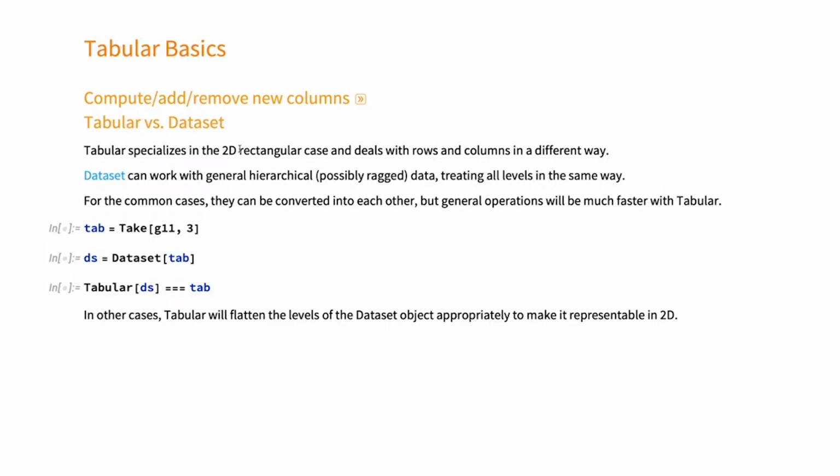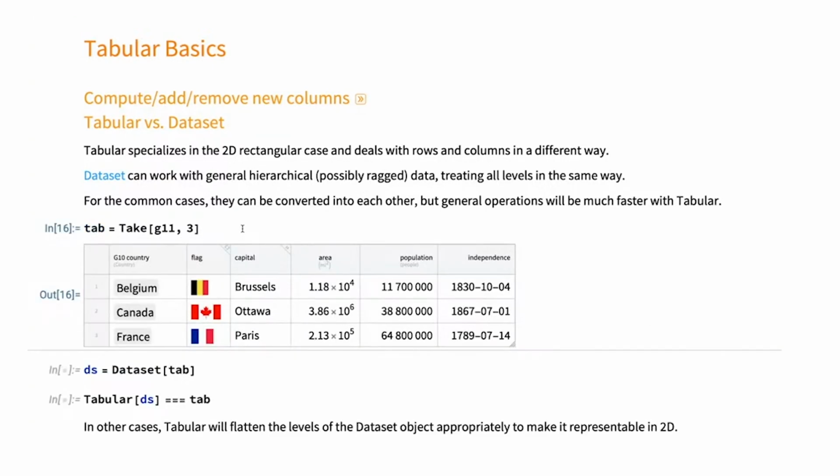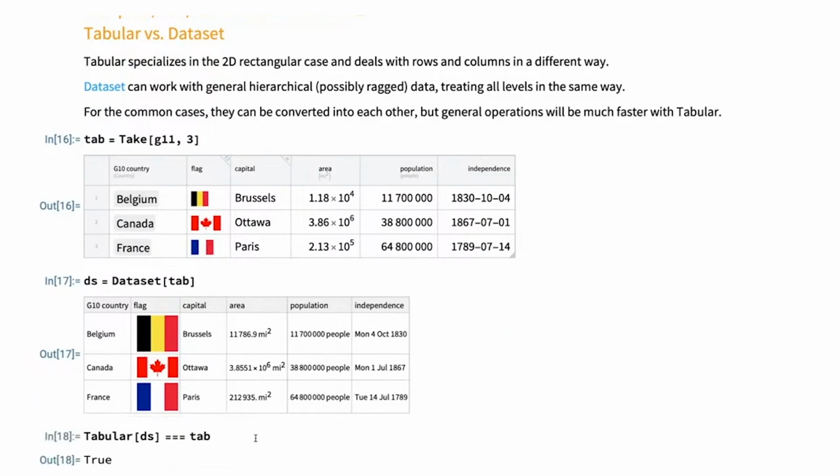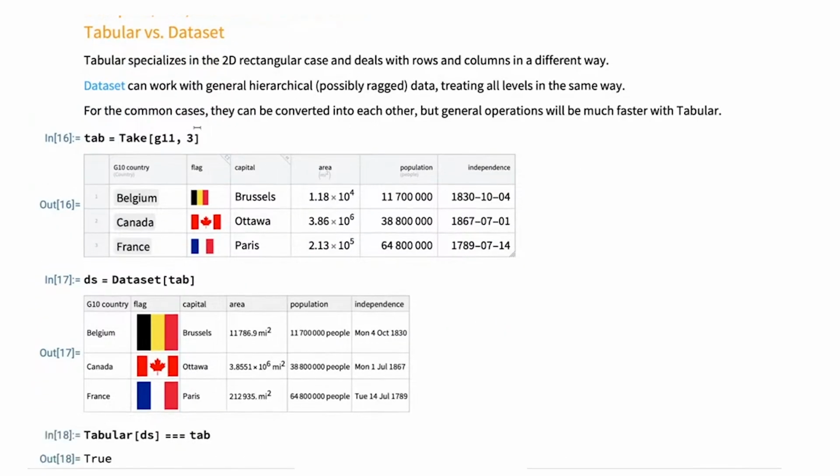It requires homogeneity of type in columns. So, for example, take again our 3 rows of our Tabular object. We can convert it into a Dataset, and we can convert it back. This shows that for the common case, the rectangular 2-dimensional case, they can work together and can convert into each other.